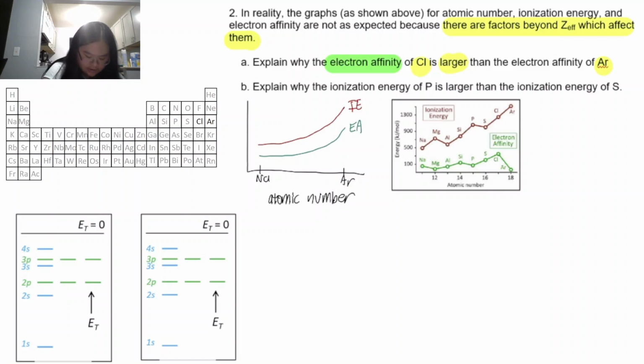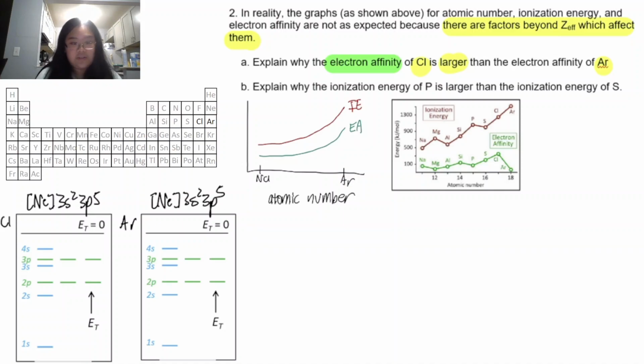So let's make our first diagram of chlorine and our second one be of argon. Looking at our periodic table, we can see that the electron configuration for chlorine is this. And argon's electron configuration would be this. So let's use those electron configurations to fill in our energy diagrams.